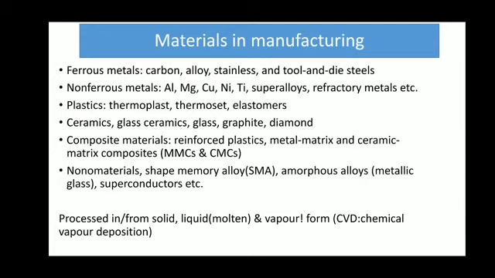I told you to go through some very interesting materials like shape memory alloys (SMA), some amorphous alloys like metallic glass, or superconductors, or recent advances like ferromagnetic materials. I hope by this time all of you have gone through it and are fascinated by the fascinating properties of this kind of new materials.